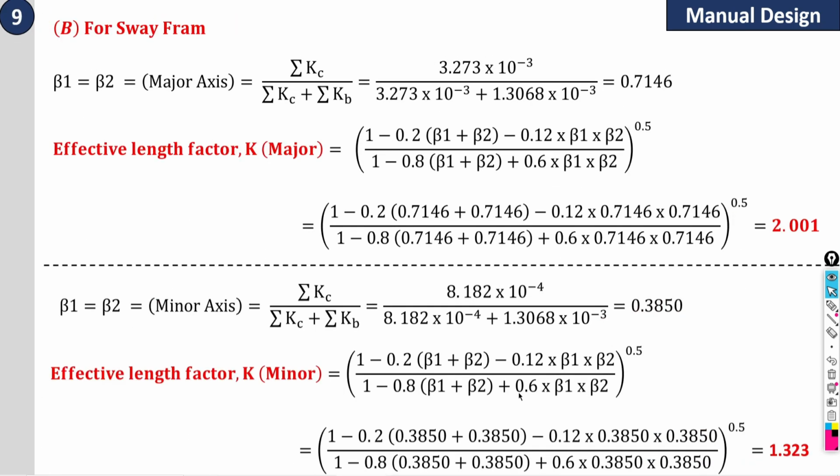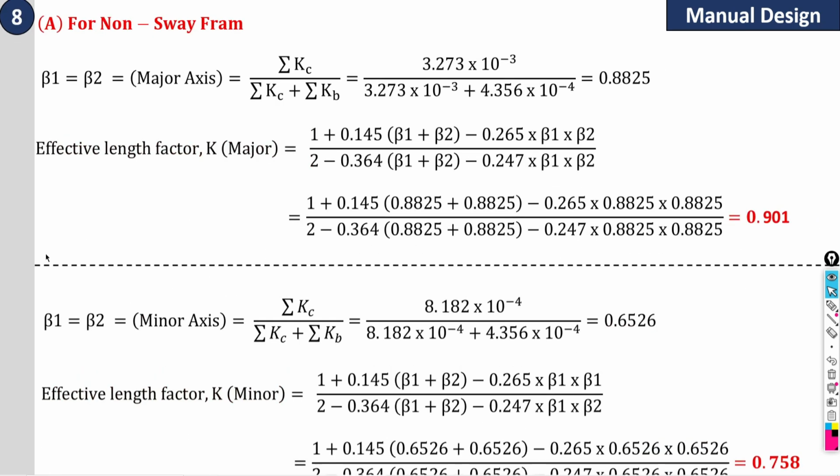Okay, then next we are going to find out the B1 and B2. Our main focus is towards calculating B1 and B2. As of now we have not decided whether our frame is sway or non-sway, so I am going to do the calculation for both non-sway as well as sway.